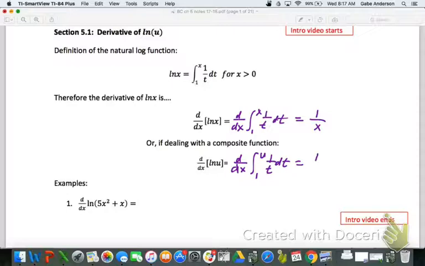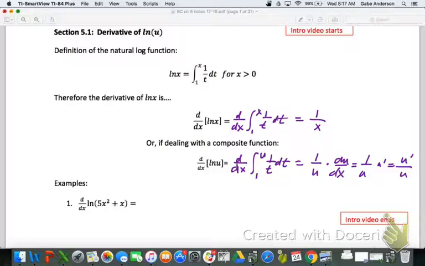We're going to get 1 over u times du dx. We also could see it written as 1 over u times u prime, and the more familiar notation would be u prime over u. So these are derivatives of ln of x or ln of u. Really the only difference is whether the input is a composite or not.